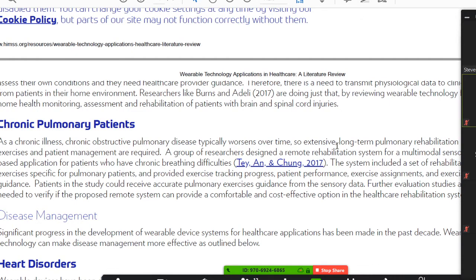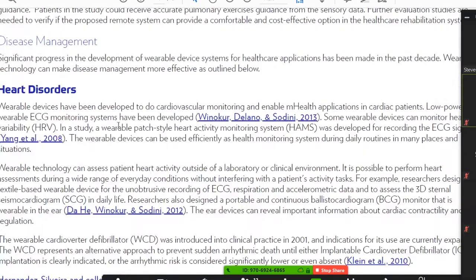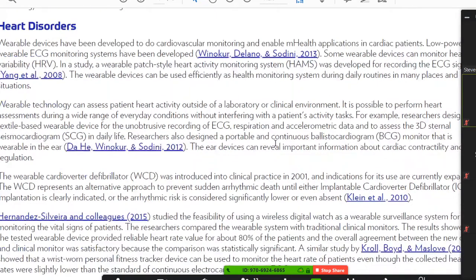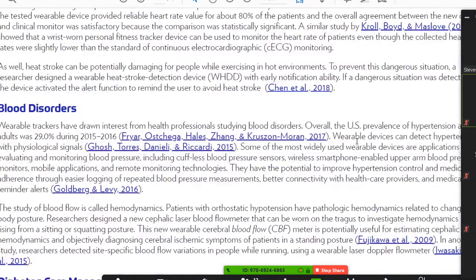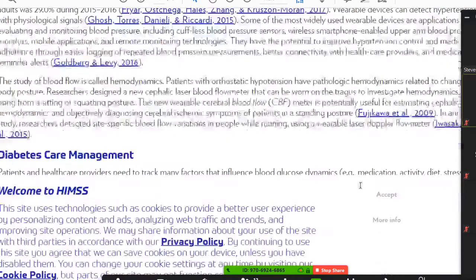The doctor can monitor, and also heart disorders. You can detect heart problems. For example, you can monitor the heart rate variation to identify a heart problem, and the blood, for example, there is wearable blood pressure measurement as well.